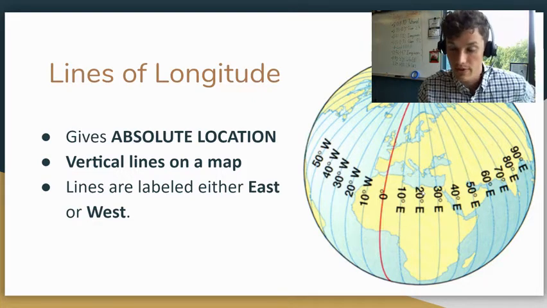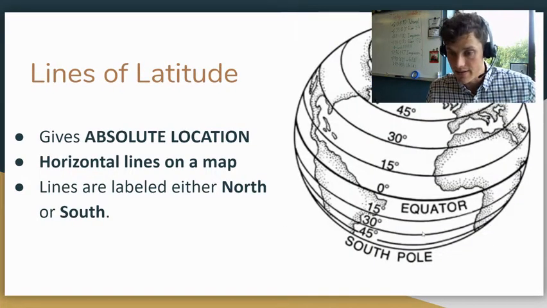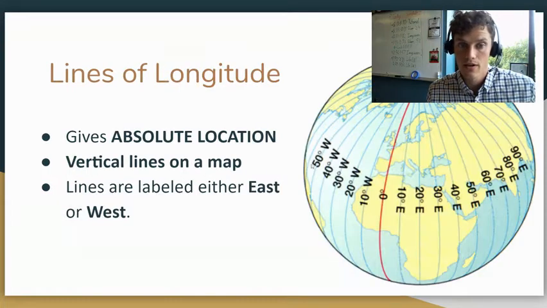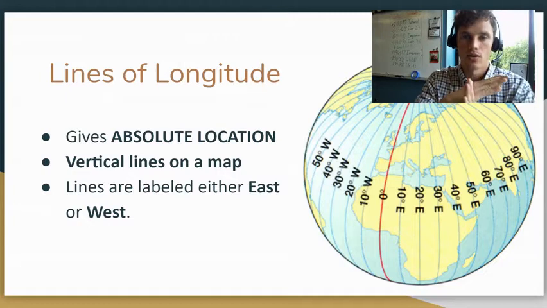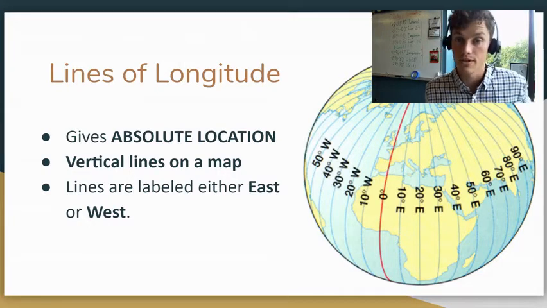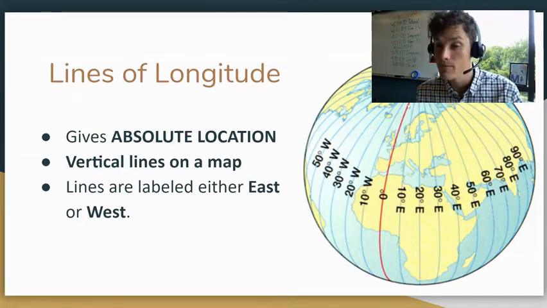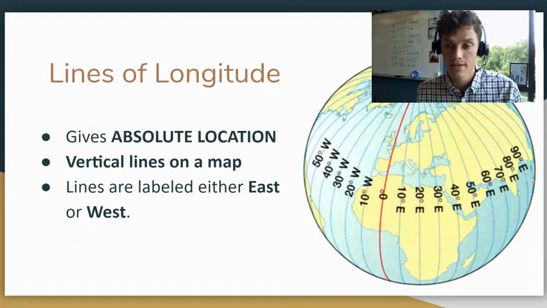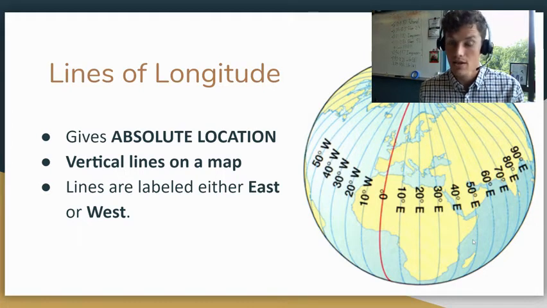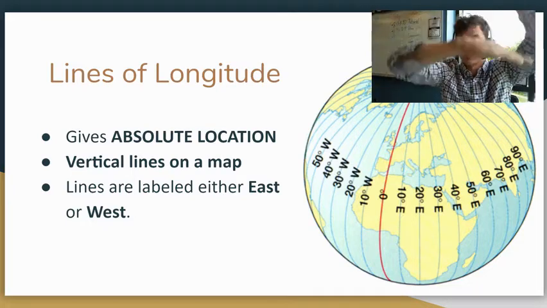Why is it important that we label these lines of longitude east and west, and these lines of latitude north and south? Funny you should ask, because we're going to have to know which lines are which. There's going to be a 20 degrees longitude and a 20 degrees latitude. You got to remember that longitude lines are measured by east and west. You got to remember that latitude lines stack on top of each other, north and south.